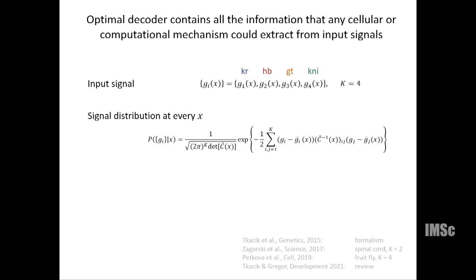So now the question is how to construct such an optimal decoder. You start with the input signal that we denote by g_i, which is the gene expression level. Here, x just marks the position in the tissue, and g_i would be Kruppel, Hunchback, Giant, and Knirps.